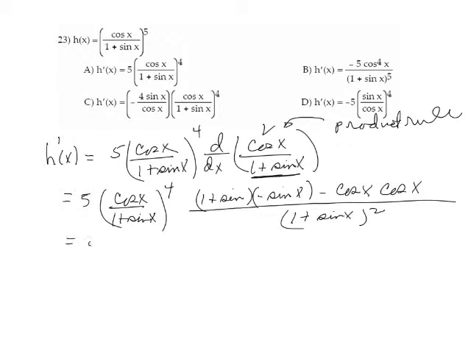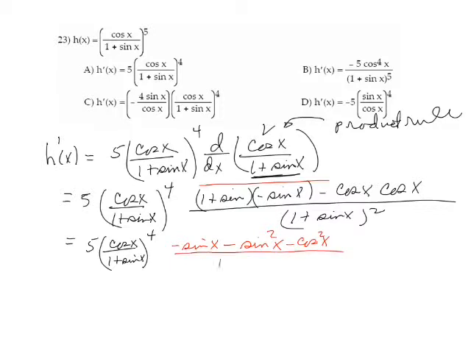Now, we're going to get 5 cosine of x over 1 plus sine of x to the 4th power. Multiplying all of this out, we're going to get minus sine of x minus sine squared of x minus cosine squared of x, all over 1 plus sine of x quantity squared.